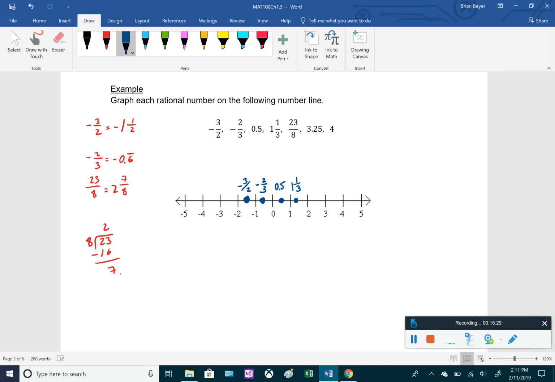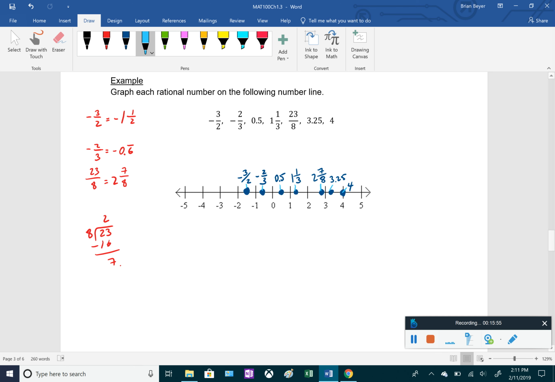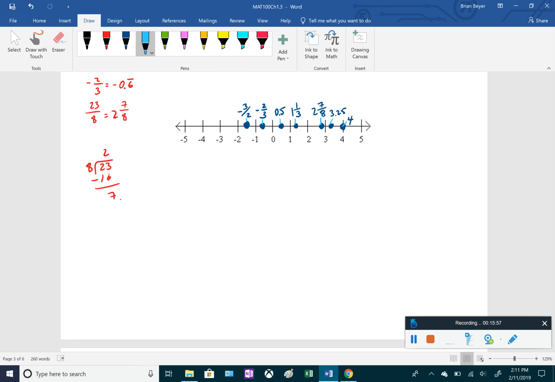So 2 and 7/8, that's almost all the way to 3, so about right here. And then for 3.25, hopefully that one's pretty easy, right here. And then for the last one, 4, that's just directly on 4. Okay, so that's just an example of labeling some of those on a number line.